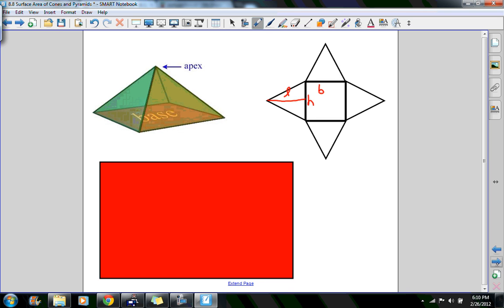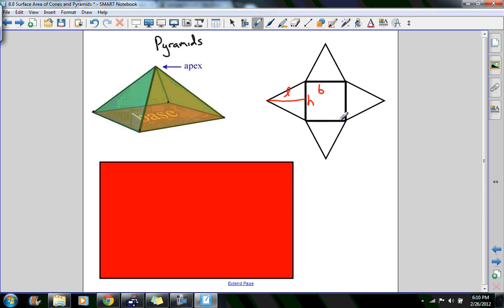Okay, once again, we're working on pyramids here. A pyramid looks like the shape on the left with the base on the bottom, each of these points on the outside being vertexes, and then this up here being the apex. Now, this is where it gets tricky. I've drawn it like I've taken the apex and folded back all of the stuff.